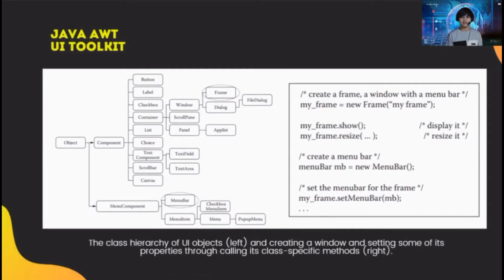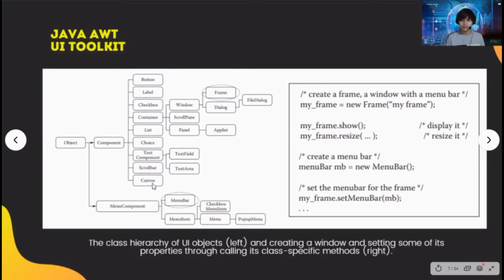So this is the hierarchy of UI objects, and this is how you create it. From the object there is a component, and the component includes button, label, checkbox, container, list, choice. It also has text component, scroll bar, and canvas.